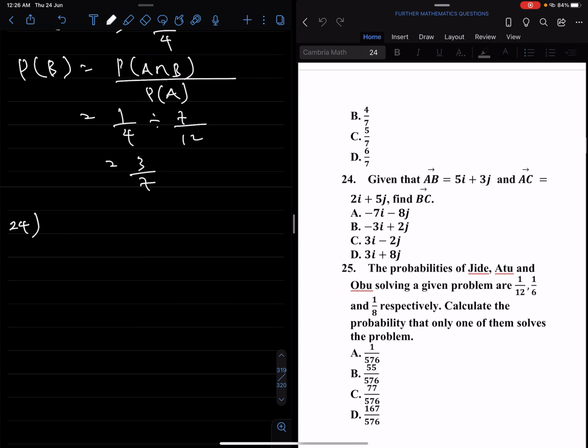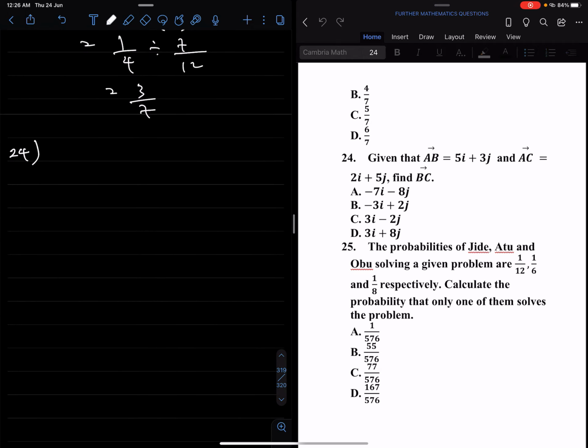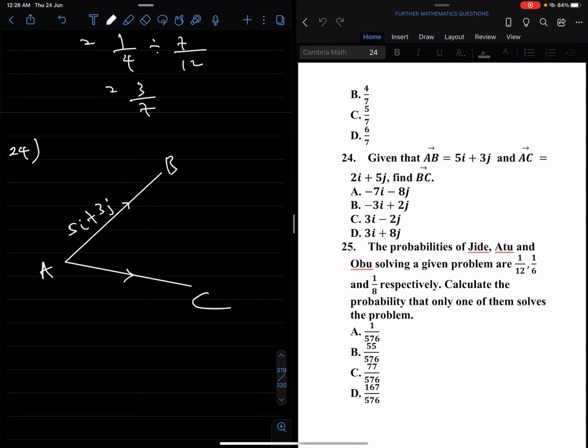So to the next, number 24. Given that AB equals 5i plus 3j and AC equals 2i plus 5j, find BC. We can do this. Let this be AB, which is 5i plus 3j, and let this be AC, that's 2i plus 5j.